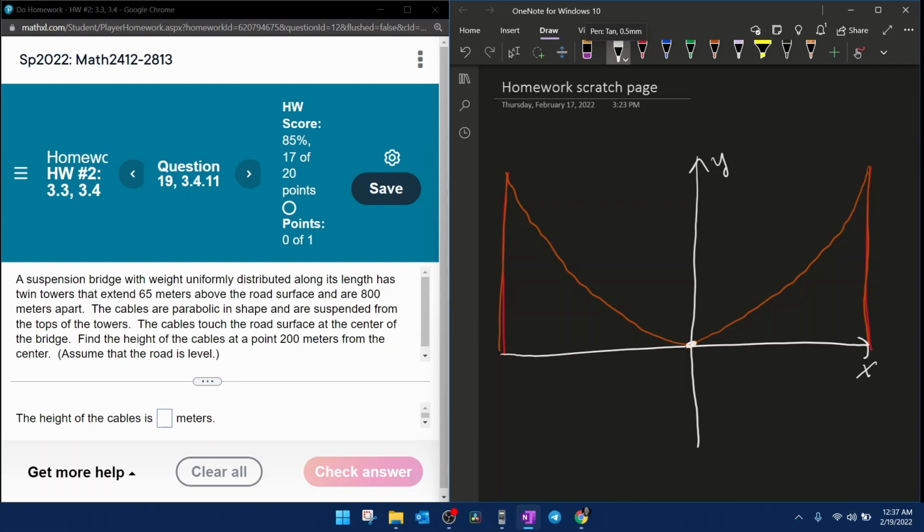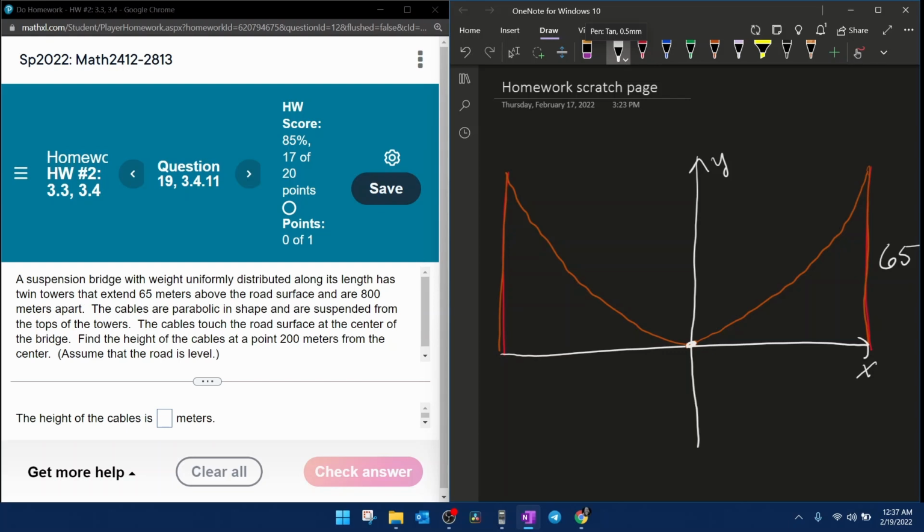So if we go back and read, it says that the towers extend 65 meters above the road surface. So that's going to give us a height of 65 for the red lines. And it says that the two red lines, the two towers, are 800 meters apart.